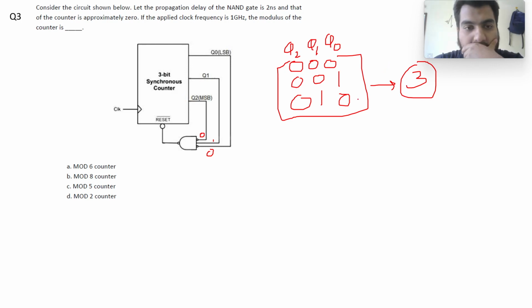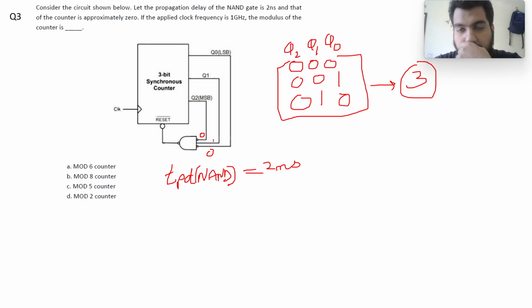in the NAND gate. So the propagation delay of the NAND gate is given as 2 nanoseconds. That means once the inputs are here, to get the outputs it will take 2 nanoseconds.